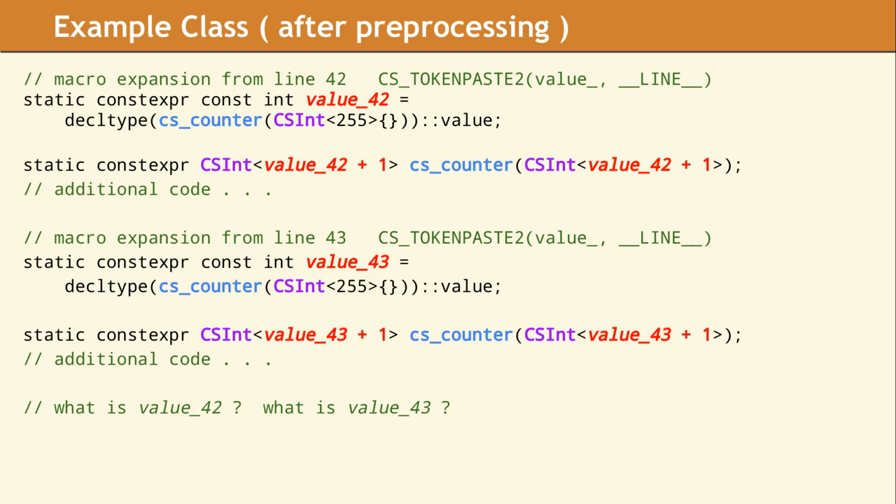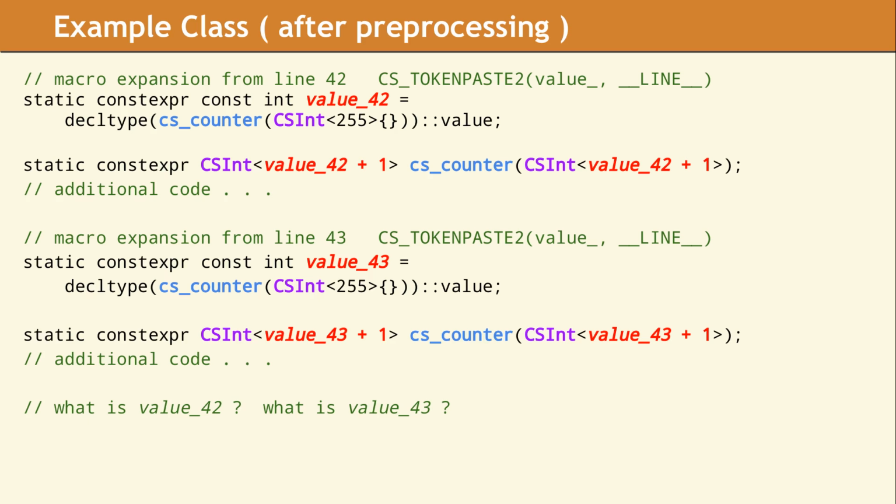The question we're asking is, if I were to call CSCounter and pass it a wrapped 255, what would it return? Well, the decltype asks not what value it would return, but what is the data type that it would return. Then after using decltype to retrieve the data type that CSCounter would return, we use ::value to retrieve the integer value stored in that data type.